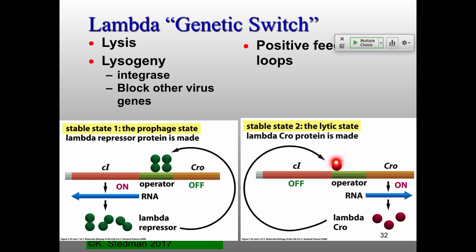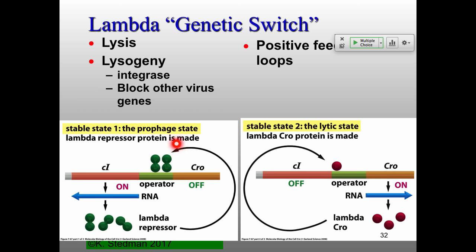Now you have activation of all of these other genes, including lambda cro. So it's this switch between: are we making lambda repressor? Are we making lambda cro? Once you've made that decision, everything else, because of these positive feedback loops, is going to stay that way. So make your switch, make your decision, always go this way, always go this way.